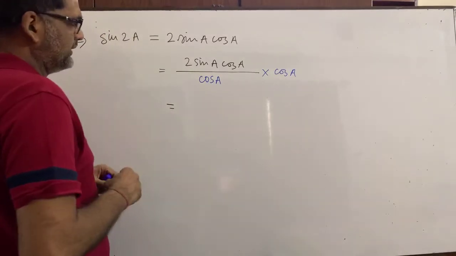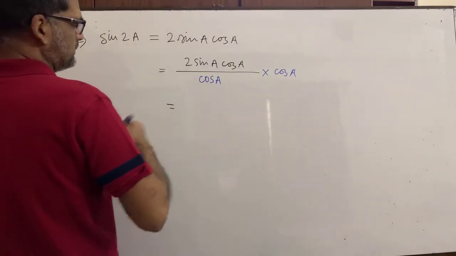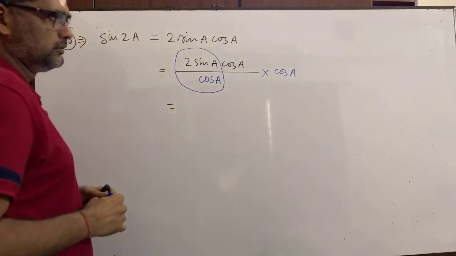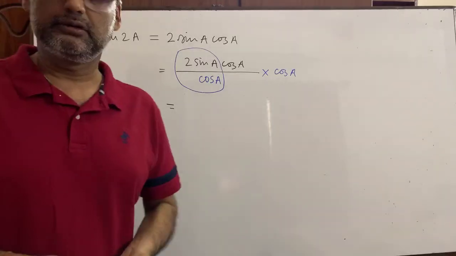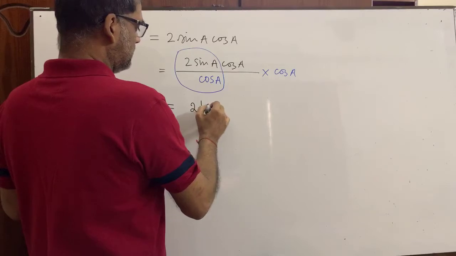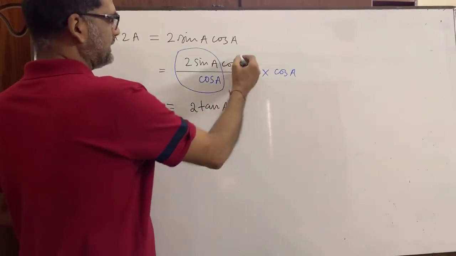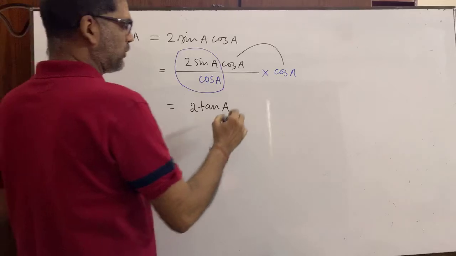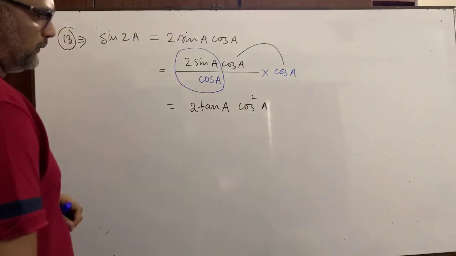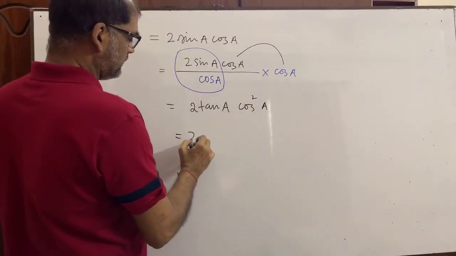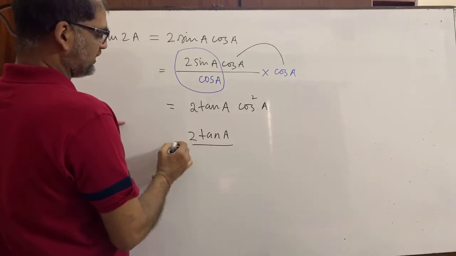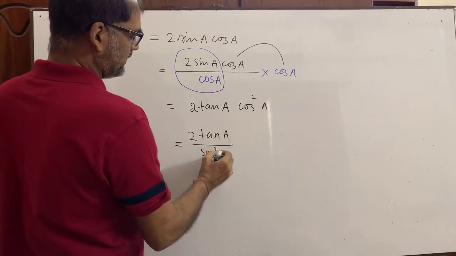Now you see this part equals to what? Can you tell me please? This is equals to 2 tan a, and this cosine a and cosine a will make what? Cos square. That means 2 tan a by cos square can be written as by sec square a.